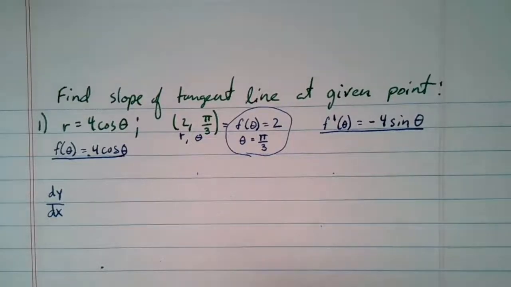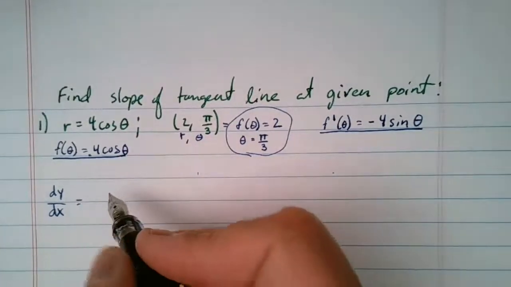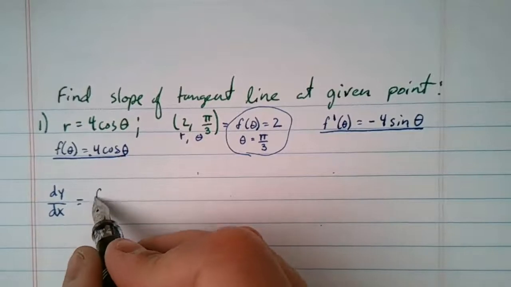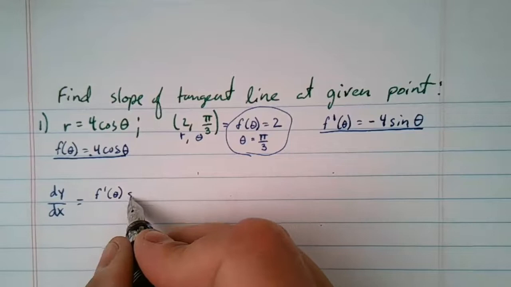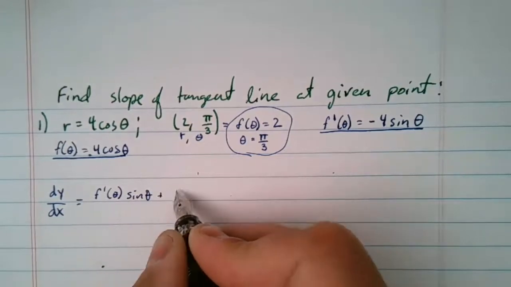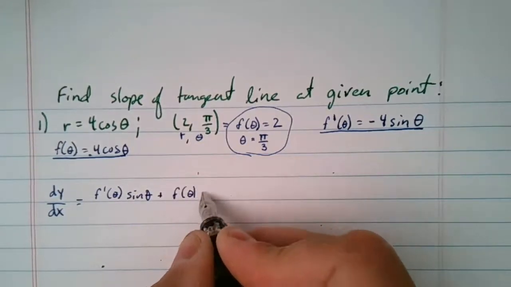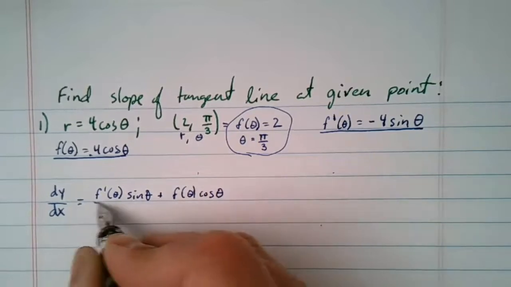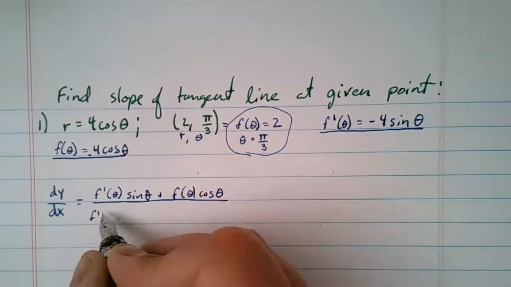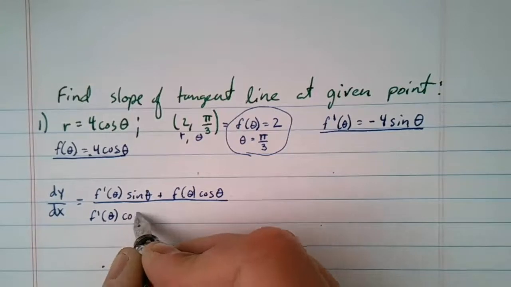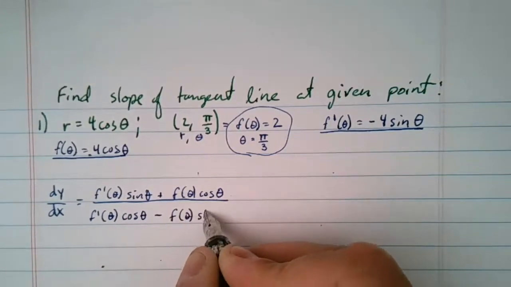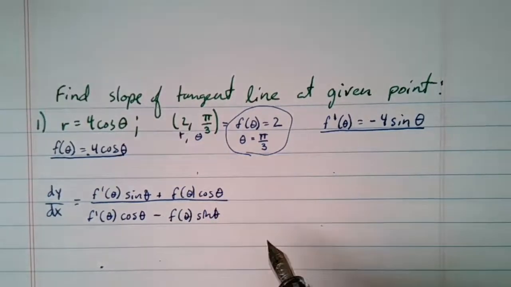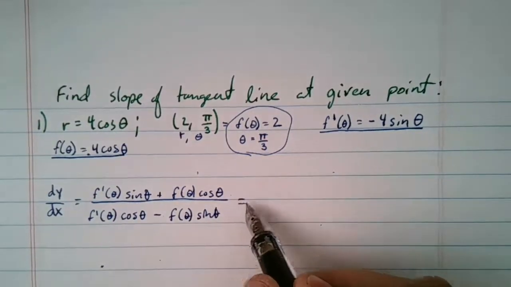Now, dy dx, we've got a formula for that, and it says f prime of theta times the sine of theta plus f of theta cosine theta over f prime of theta cosine theta minus f of theta sine theta. Okay, so that is the formula, and that is from video number 1.